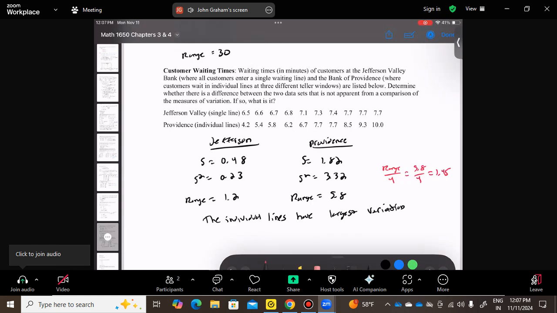We can compare it to what we had. We have about 1.82 for the standard deviation. For the range of 1.2, divide that by 4, and you get about 0.3, which is a little lower.